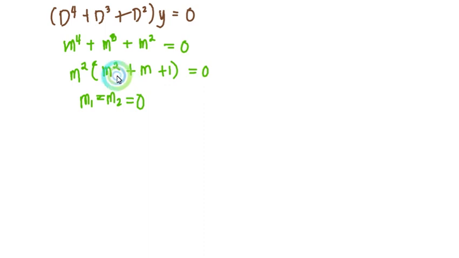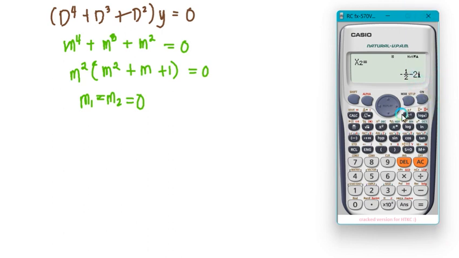Next, ang nabilin ko is may duwa pa ko ka-roots, m squared plus m plus 1. So, sige. We have to use the quadratic equation. Squared siya, so that means 3. So, we have, ang imong coefficient is 1, 1, 1.